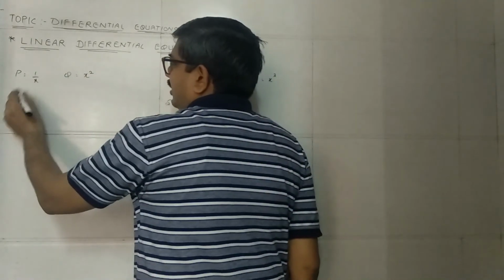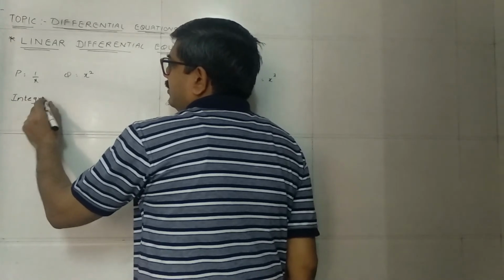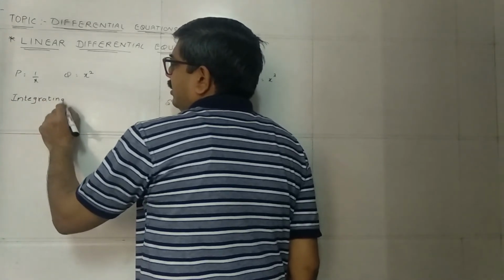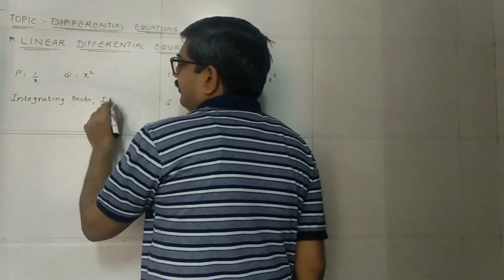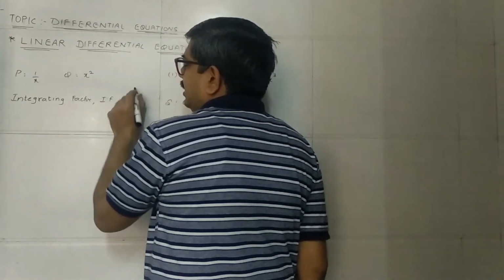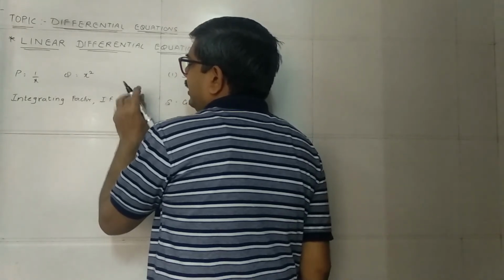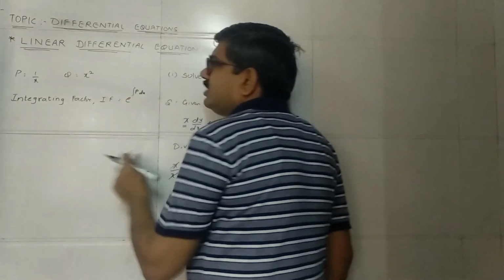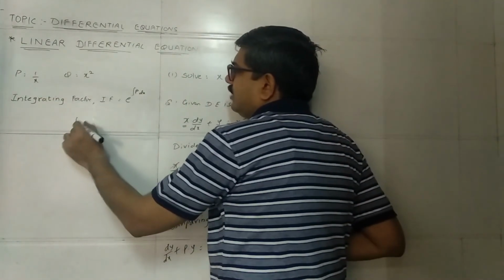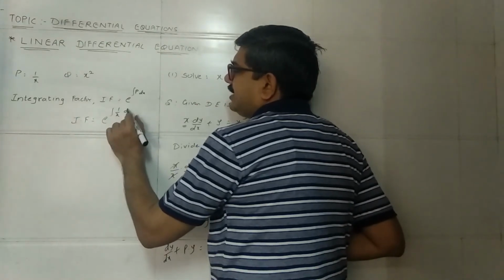So after comparing p and q values, what do you have to find? The integrating factor. So the integrating factor, IF, is equal to e raised to integral p dx. This is the formula for finding the integrating factor. So we'll substitute the value of p here. So IF is equal to e raised to integral 1 upon x dx.